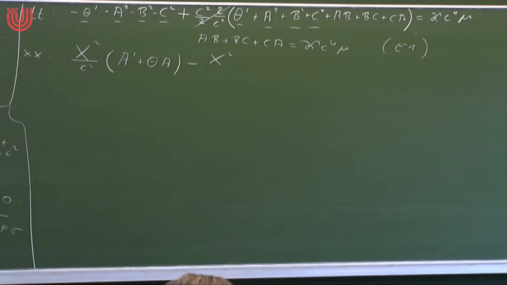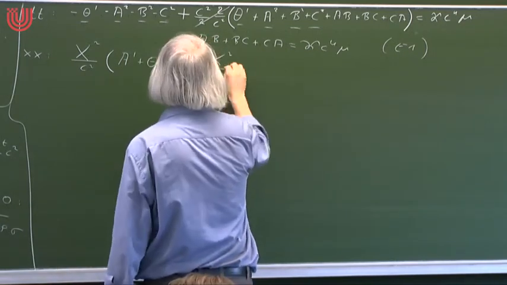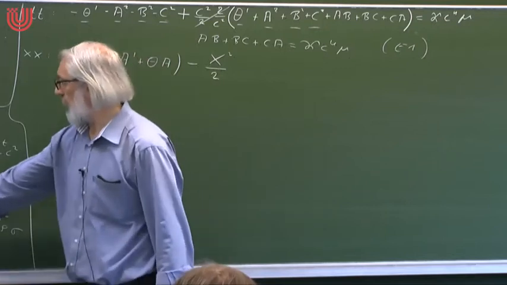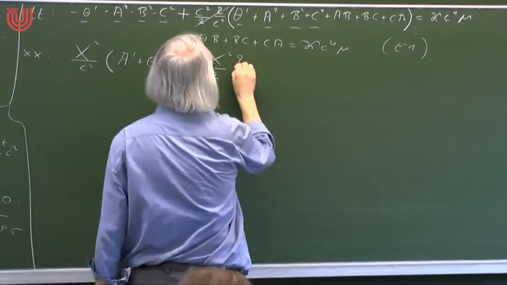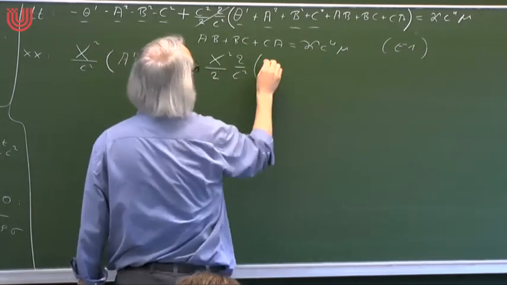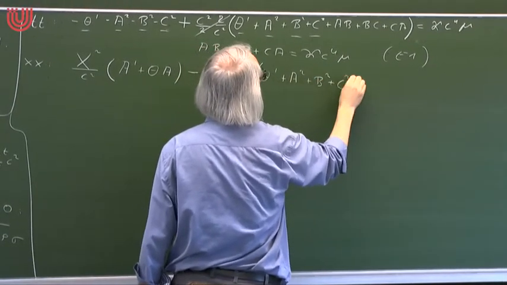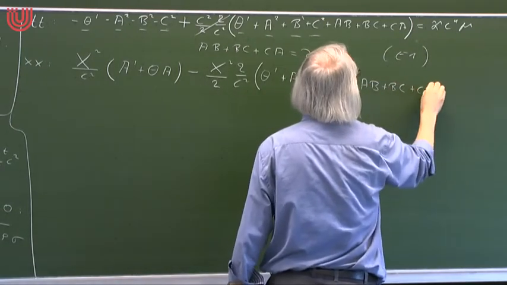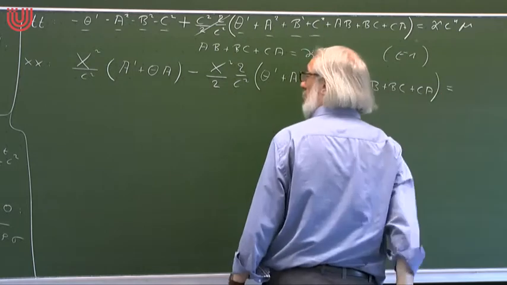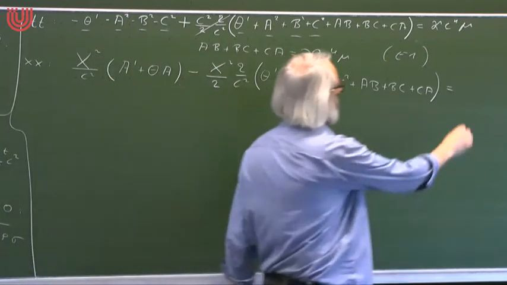And then R half: where there's a 1 half in the field equation, and then from R I get 2 over c squared. And then this bracket here: theta prime plus a squared plus b squared plus c squared plus ab plus bc plus ca. And on the right-hand side, I have T_xx. T_xx is 0, because the energy momentum tensor has only a tt component.